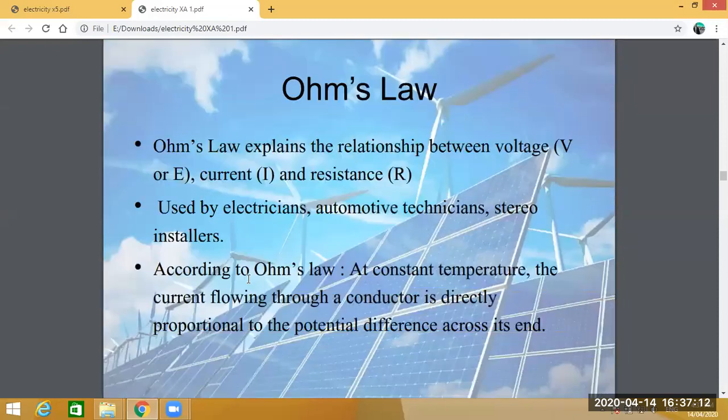Ohm's law explains a relationship between voltage, that is potential difference, and sometimes we talk about voltage. Wherever voltage is there, there must be electric field present. So voltage is a scalar aspect of something, and electric field is a vector aspect of the same thing.